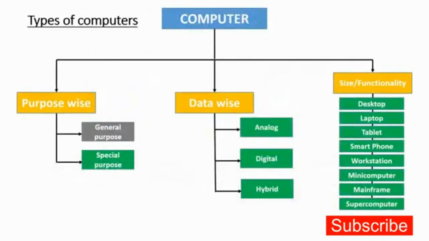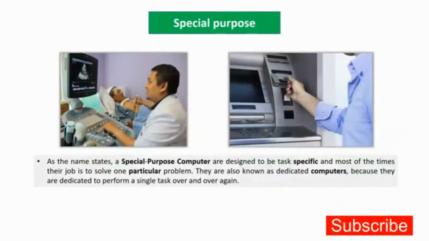Next we are going to move on to the special purpose. Now what are special purpose computers? Special purpose computers are specially designed for a particular task, and most of the time they will only be working on that particular task. They are dedicated computers. Such computers you normally find in a hospital.